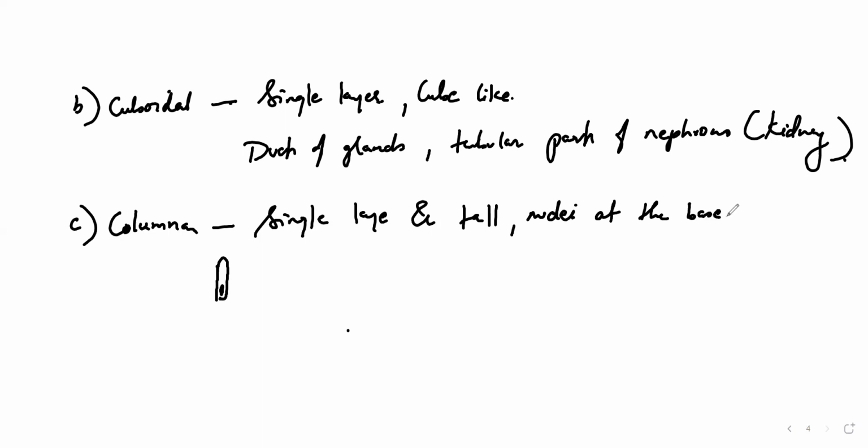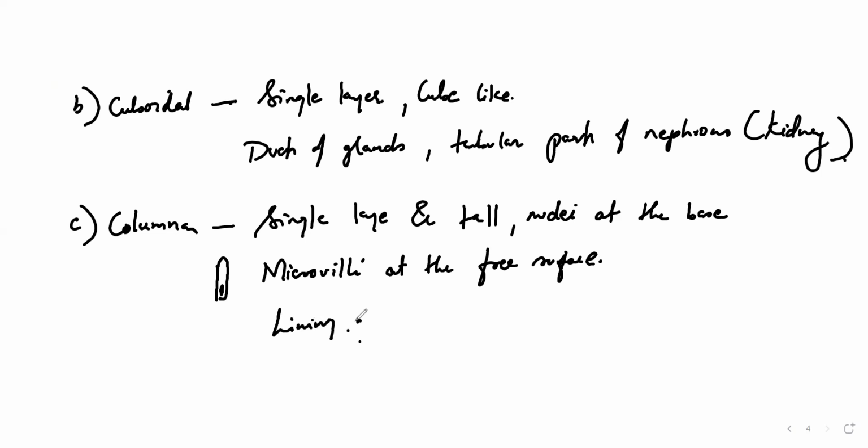And it will also have one more thing, which is called microvilli. Microvilli is nothing but small hair-like structures like that of the cilia. So it will have microvilli at the free surface. They are most probably found in the lining of stomach and intestine.